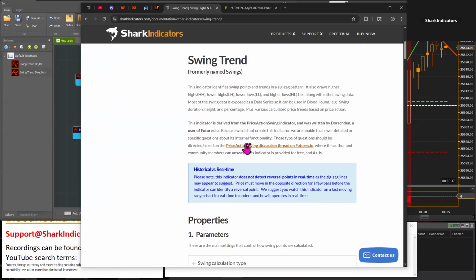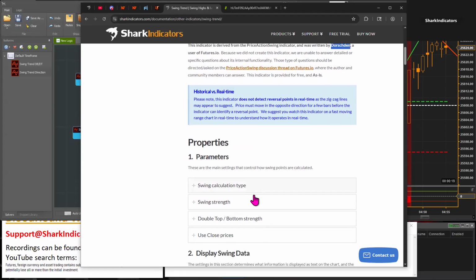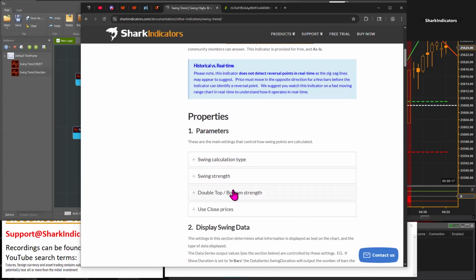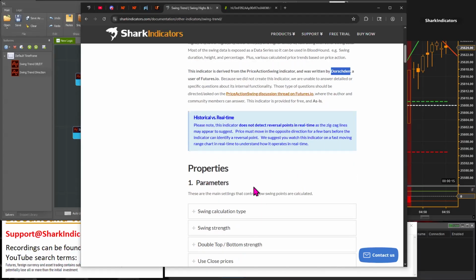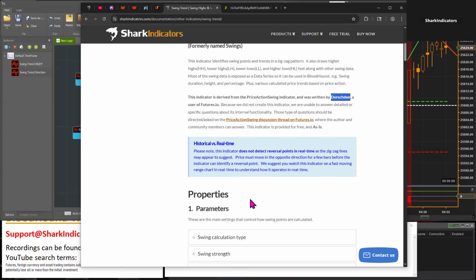This indicator was actually derived from the price action swings indicator, which was written by Dorston. So we're not the authors of this. We don't have all the information on this indicator, and also just note that we can't answer any kind of technical questions about this indicator since we didn't develop it.